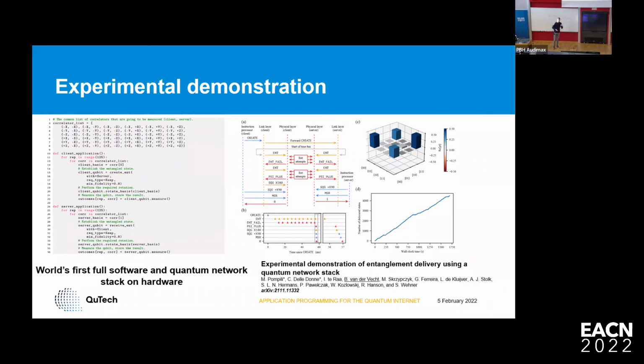And this code was automatically compiled to NetQASM subroutines, and it was automatically being executed on the quantum network nodes. And so this application just created entanglement between the two nodes. And in this way, we showed that we can actually run an arbitrary quantum network program, even though we specified it at a very high level, it still works with actual quantum hardware.